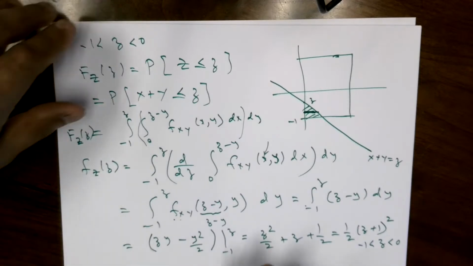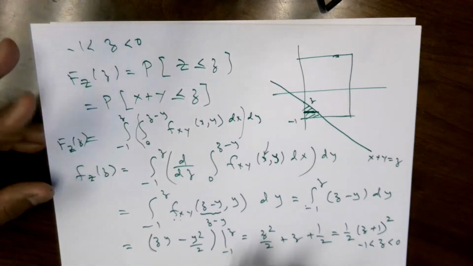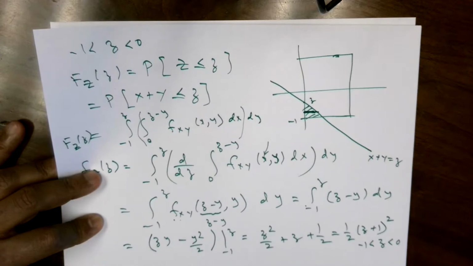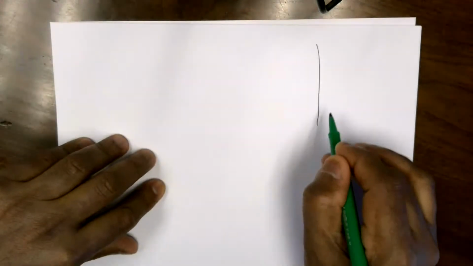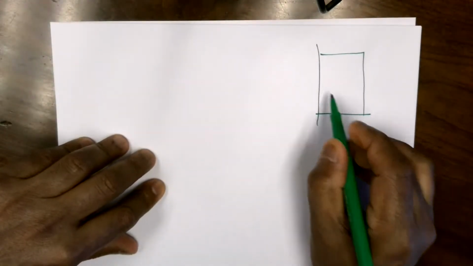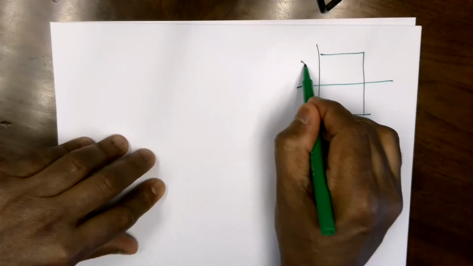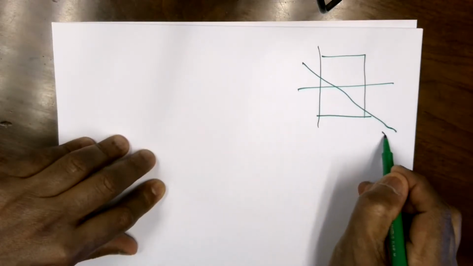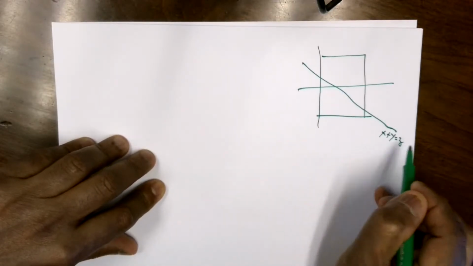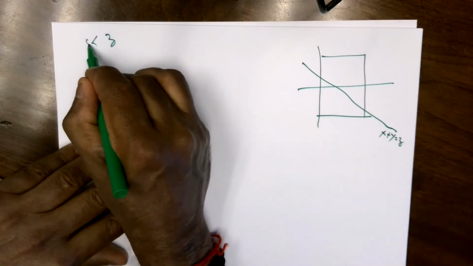We'll put it together later. So let's go through each case. The next case is z between 0 and 1. Once again, we need to figure out the region. Now the line is x plus y equal to z, but z is between 0 and 1.